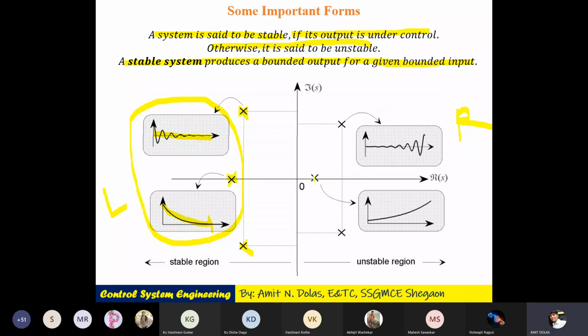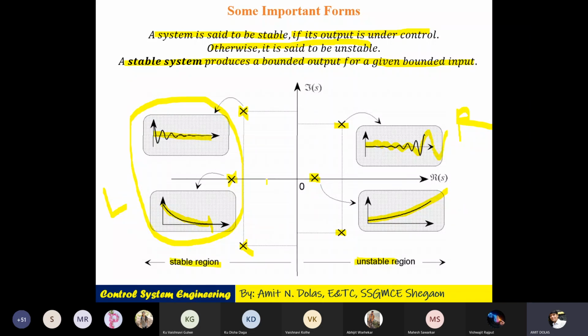On the other hand, if the pole is real but on the right hand side, there will be an exponential graph moving towards infinity, unbounded output, so unstable. If there is a complex pole in the right hand side plane, then there will be a signal starting at 0, oscillating and moving towards infinity, unbounded. So again it will be unstable.